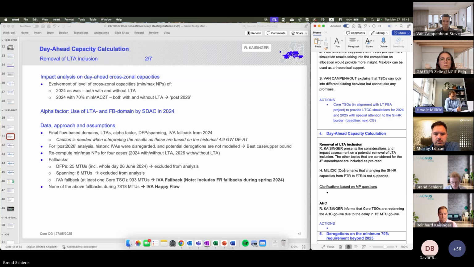Also, if I'm not wrong, it is not only the Croatian-Slovenian border that has physical transmission rights for this, but also the Romania and Bulgaria border is important for this switch, because when we go to advanced hybrid coupling, this border is also affected, and it is not even in core.